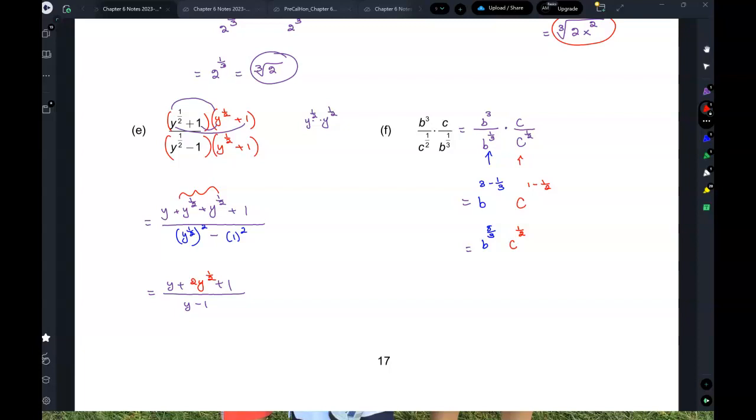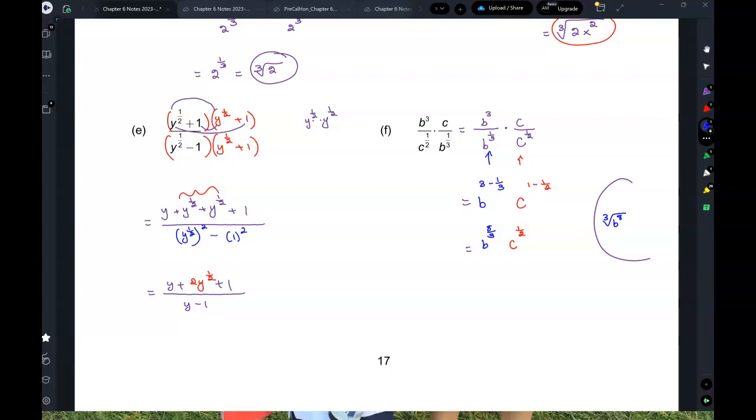Let's go on our scratch paper for the B. You don't have to write this. B to the 8 over 3 is really the cube root of B to the 8. What were we doing before with that?